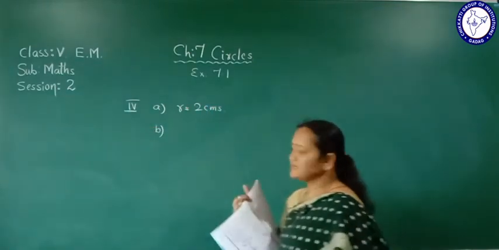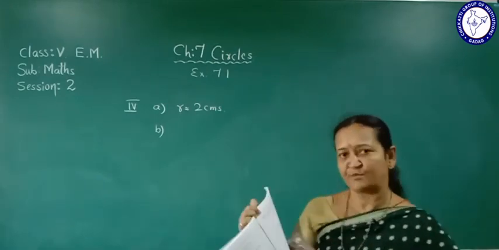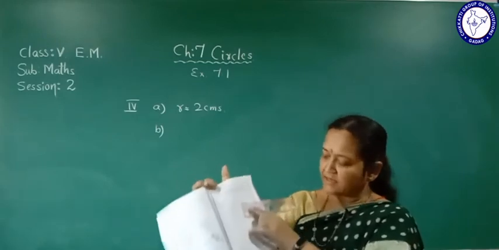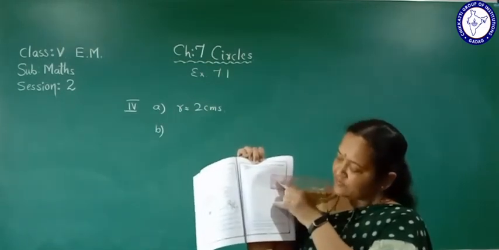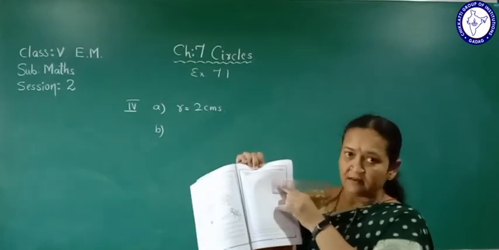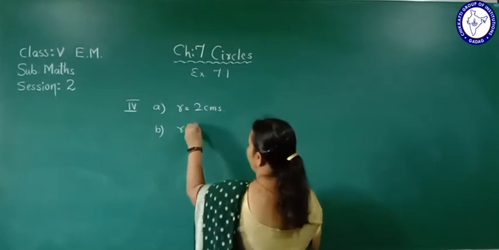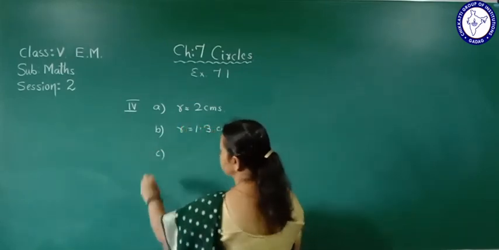So the first answer is R equals 2 centimeters. There in the textbook only you should write. Then the second one, if you keep the scale on the center of the circle, you will find R is 1.3 centimeters.